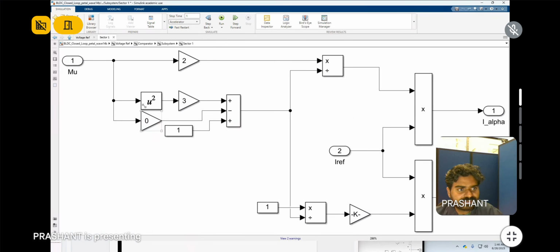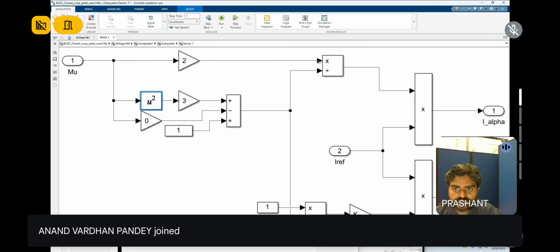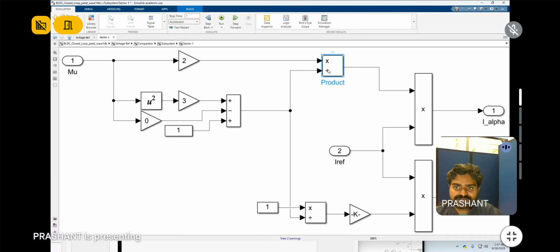From here it is mu square multiplied with a gain of 3. So this will be 3 mu square plus 1. This is 2 mu, then we will take a product block.